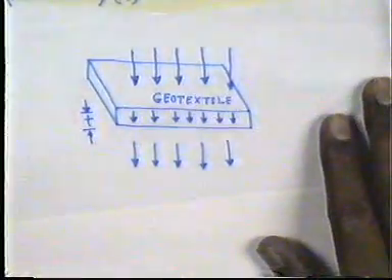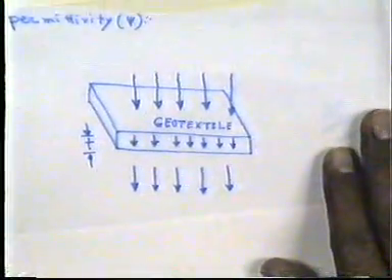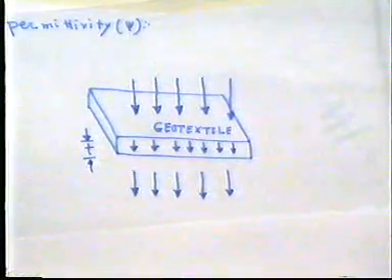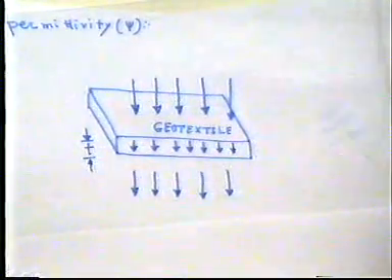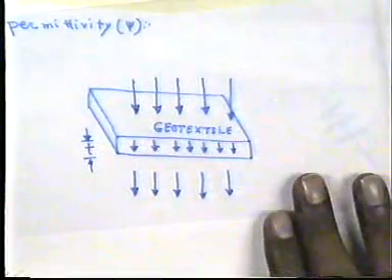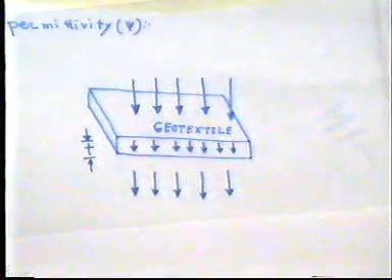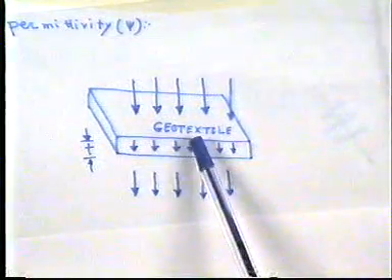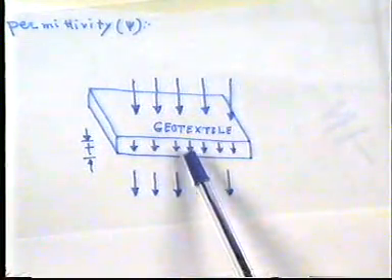Now, in case of the hydraulic testing, that means water permeability of the geotextile by the permittivity. Now, this permittivity can be derived from permeability results.